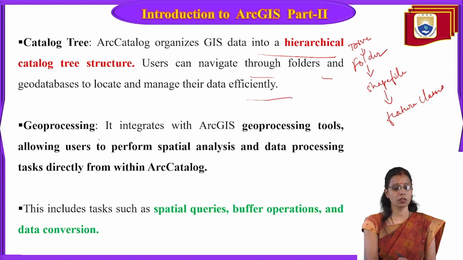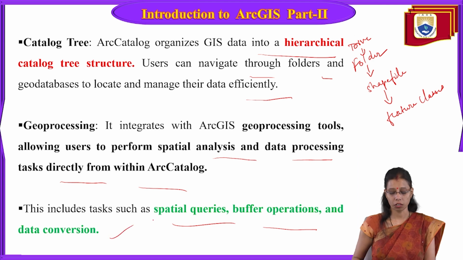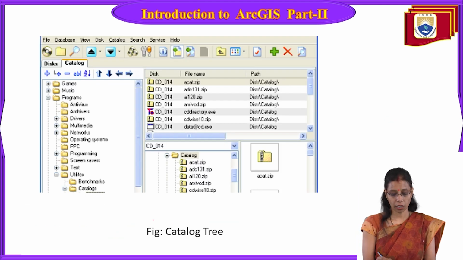Now, geoprocessing is also possible in this ARC catalog. It integrates with ArcGIS geoprocessing tools, allowing users to perform spatial analysis and data processing tasks directly from within the ARC catalog. This includes tasks such as spatial queries, buffer operations, and data conversions. Now, this is how the ARC catalog looks.